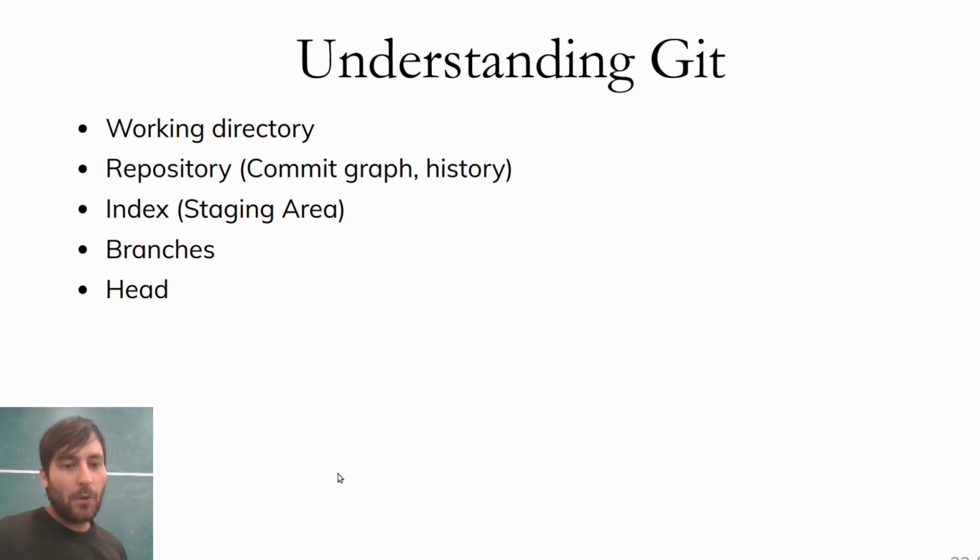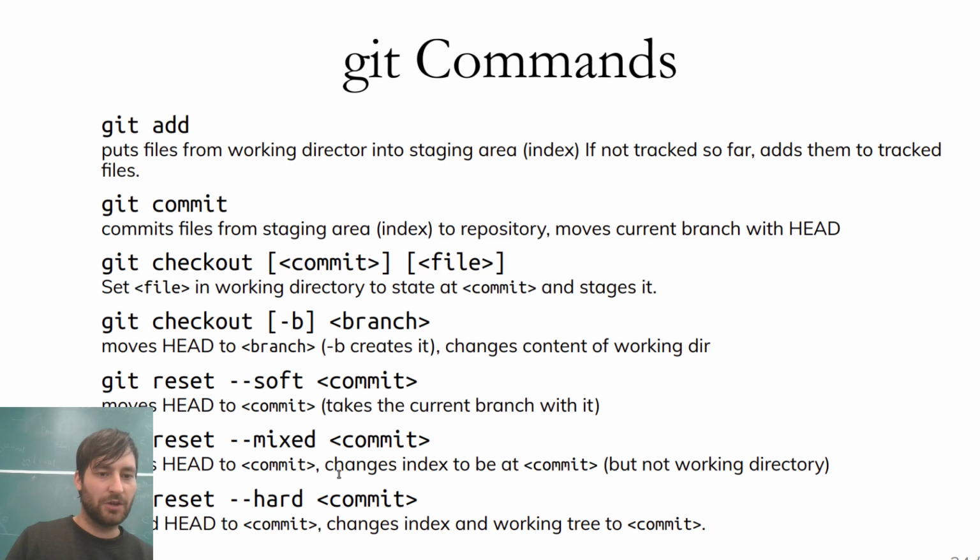I want to talk about this somewhat briefly for some of the most common commands. What git add does is take things in your working directory and add them to the staging area. If it's not tracked so far, it also adds them to the tracked files. That's pretty simple.